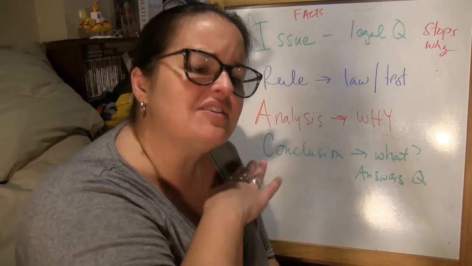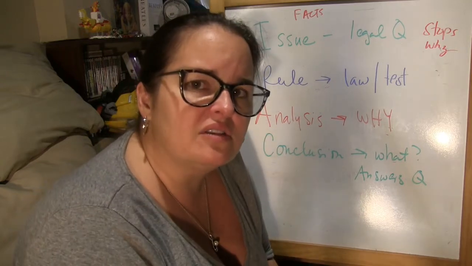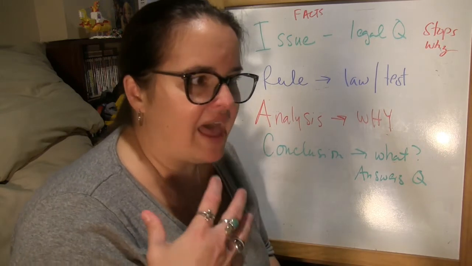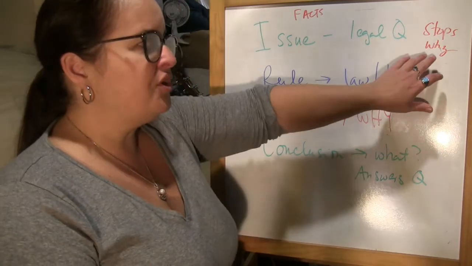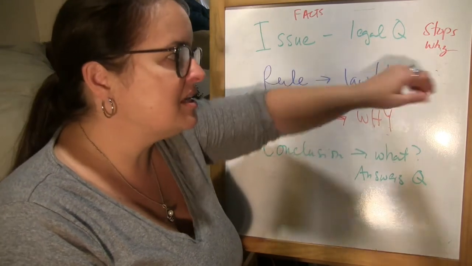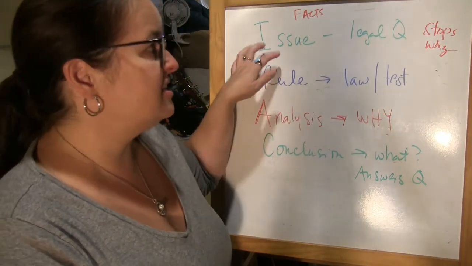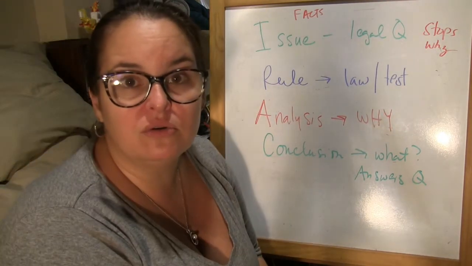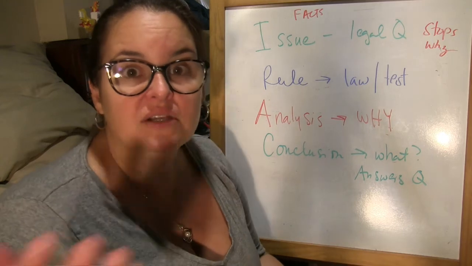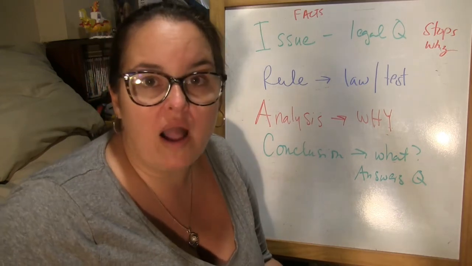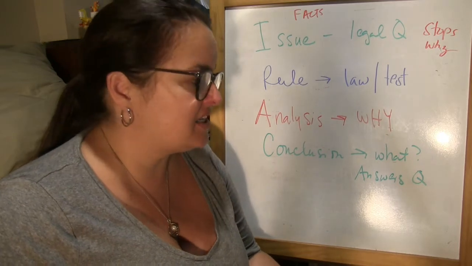I want to have cases that have the same issue, not necessarily the same facts. So if I'm arguing suppression in that case, I'm looking at all these different illegal stop cases so that I can put them together and argue that all of these cases with the same legal issue add up to not guilty, add up to a granted motion to suppress, add up to my client walking and not being convicted.